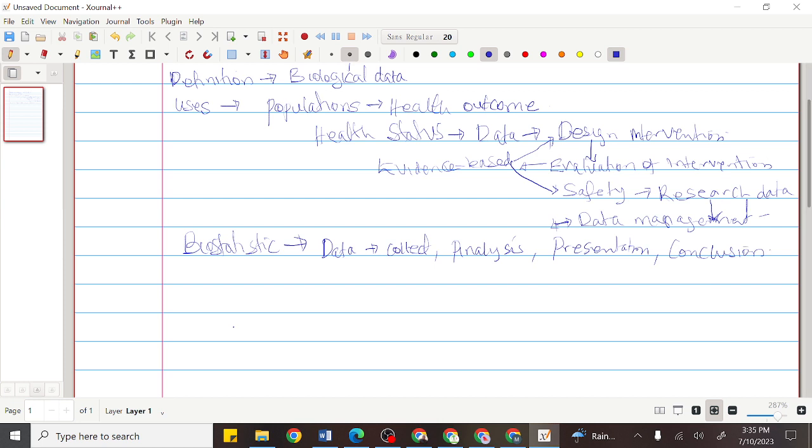How do we arrive at conclusions, and how do we evaluate data to see if the conclusions that are being made are actually the appropriate conclusions.